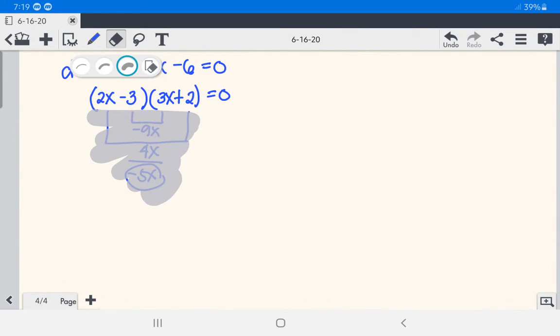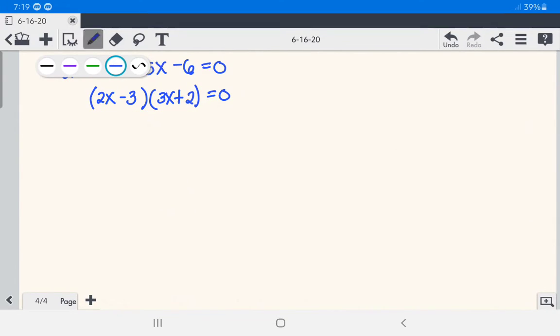Okay. Then let's say, for example, this is positive 3 and this is minus 2. That is plus 3 and then this is minus 2. Now, let us check. We have 3 times 3x, that is 9x.